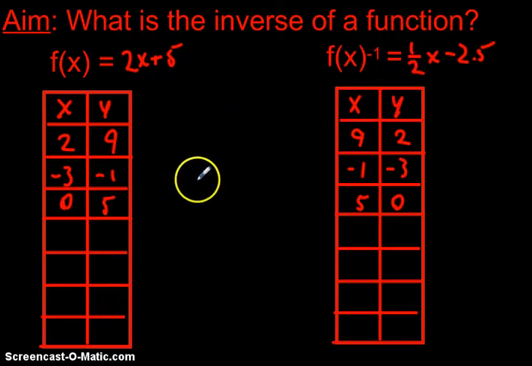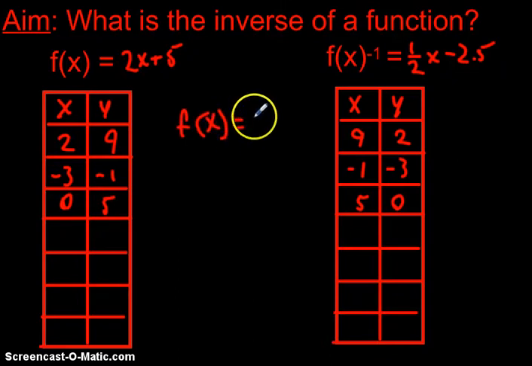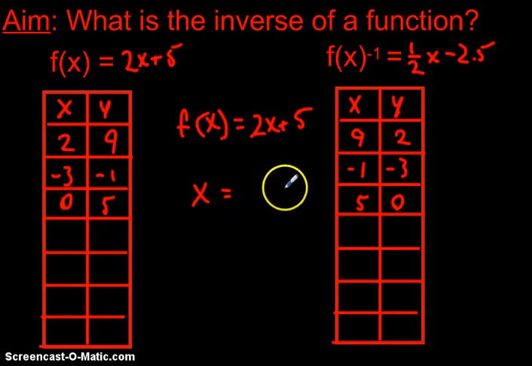And this is a method for finding the inverse of a function. If we know f of x is equal to 2x plus 5, to find its inverse, knowing the value you get, this would become our x value in the inverse function, and this would become our y value in the inverse function.